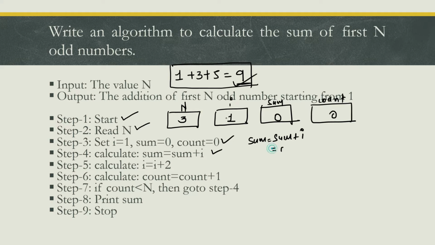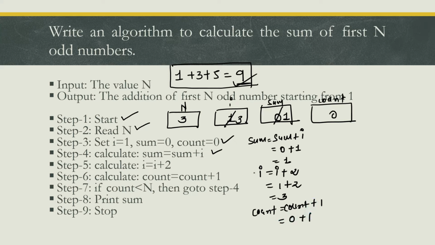Sum is 0, I is 1. 0 plus 1 is 1. Now the value of sum is 1. Then I is equal to I plus 2. The value of I is 1, 1 plus 2 is 3. The value of I is 3 now. Then we have to increment count. Count plus 1. What is the value of count? 0 plus 1 is 1. That means we have processed one odd number so far.